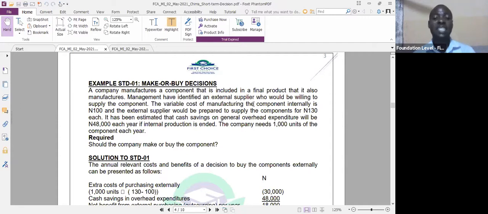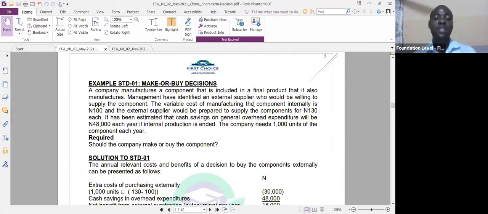Management have identified an external supplier who will be willing to supply these components. I'm using the crown cork as an example of the component. The variable cost of manufacturing the components internally is 100 naira, and the external supplier would be prepared to supply the components for 130 naira each.